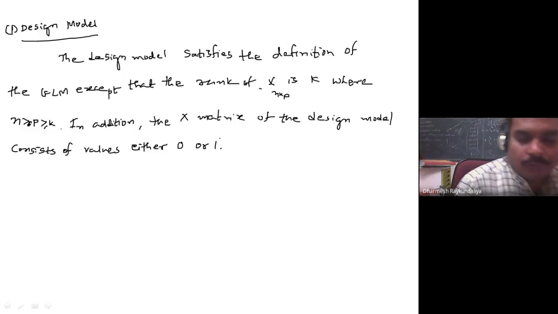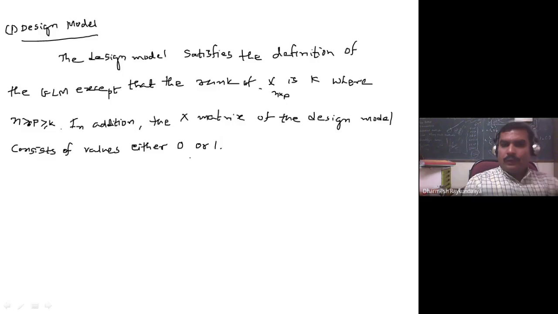That means when you talk about the design of experiment, you are saying whether the treatment is present or absent. In a specific plot, whether the specific treatment is applied or not. If applied, the value takes 1, not applied, it takes value 0. That means X is nothing but a binary matrix.